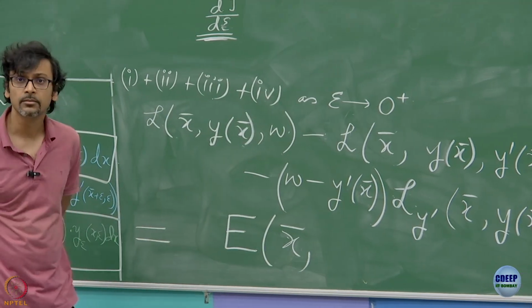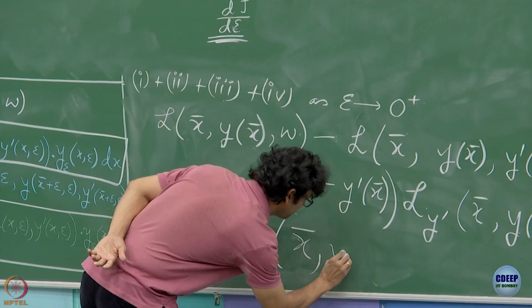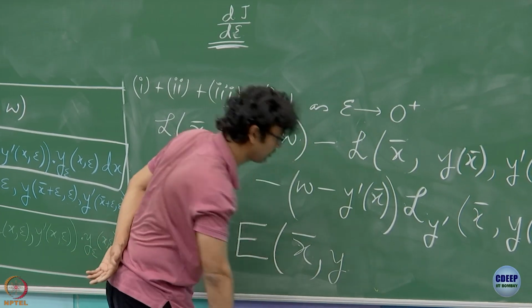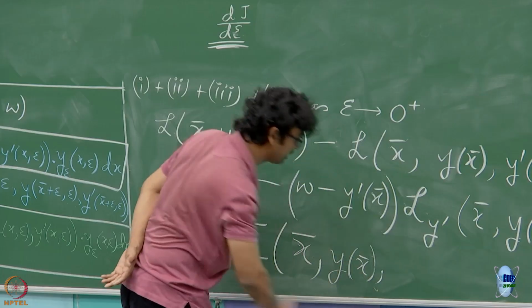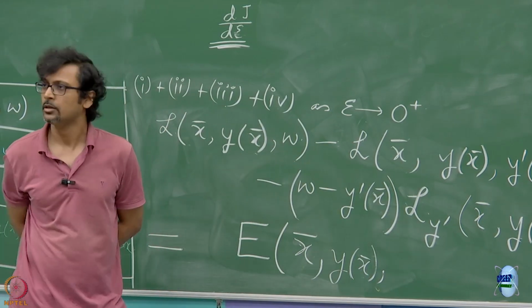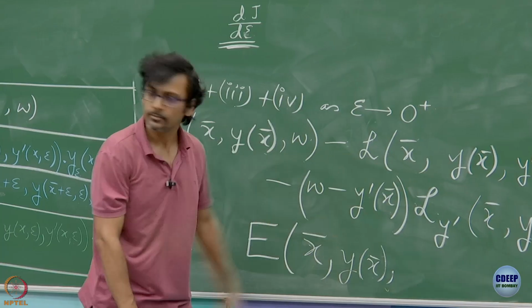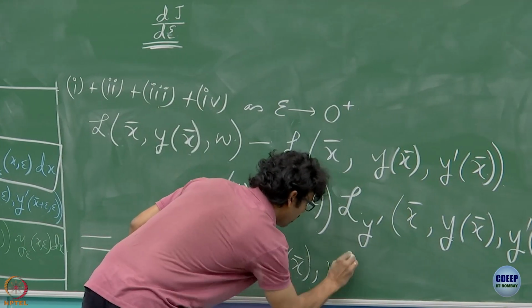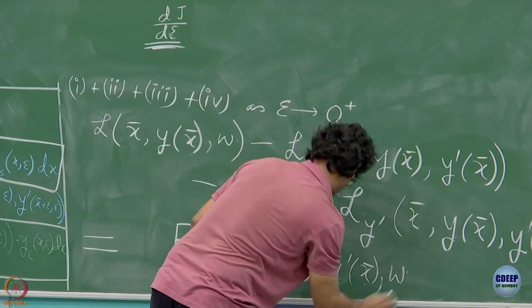What else? Yes, there is also y at x bar. Then there is y prime at x bar, comma, w.